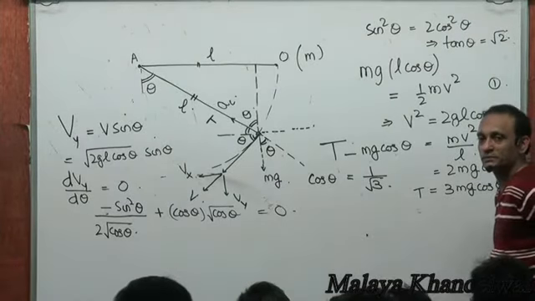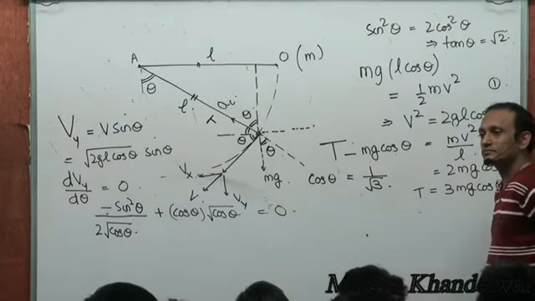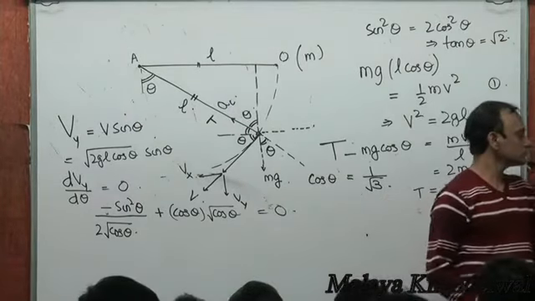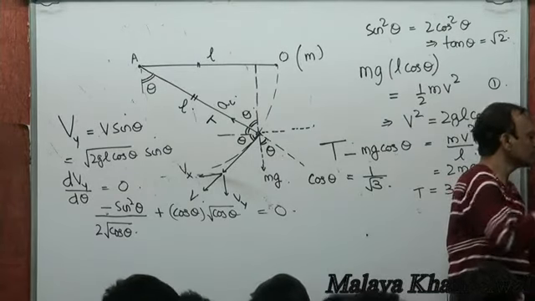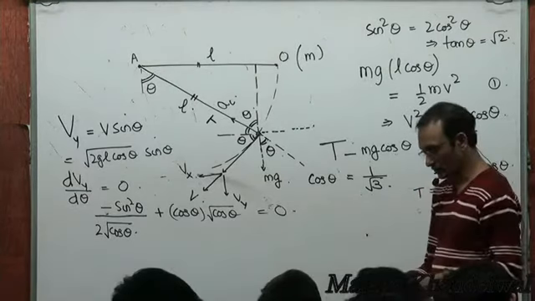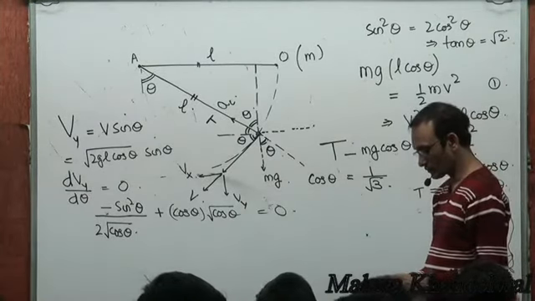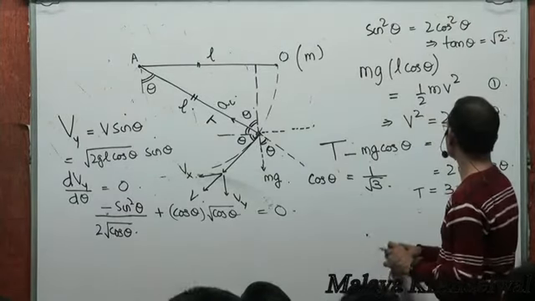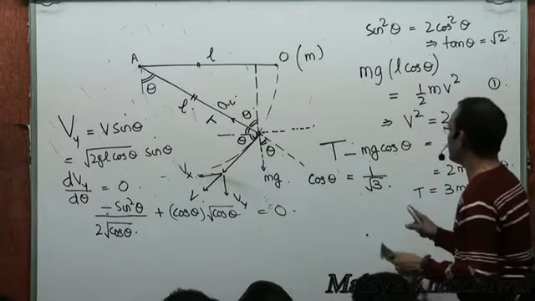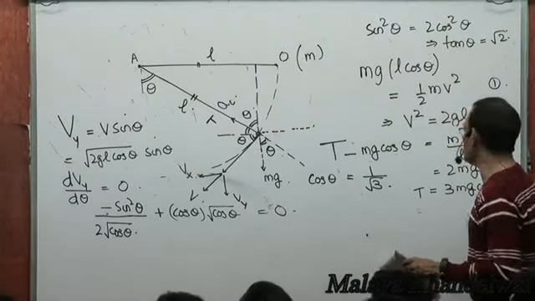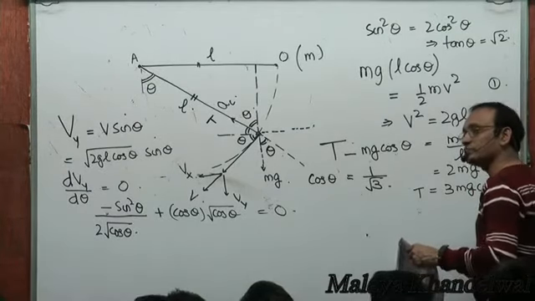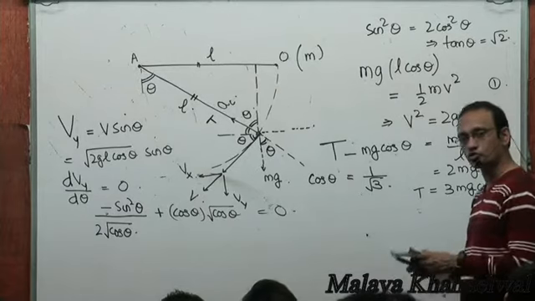Check that out. And I want to find the tension at this instant. When cos theta is 1 by root 3, put cos theta is 1 by root 3, you get root 3 mg. That will give you the tension at this instant, and so on and so forth.